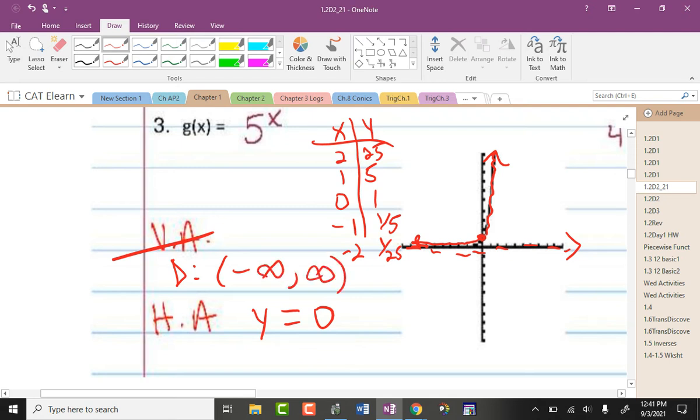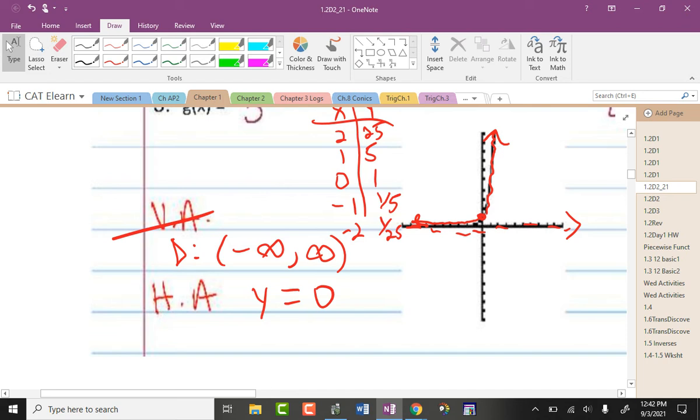Most functions, the domain is all real numbers. But you can see from that picture that the range is 0 to infinity, not including 0 because of what I just said. You can't take 5 to a power and get 0 as an answer. It's impossible. You can get really close, but you can't quite get there.